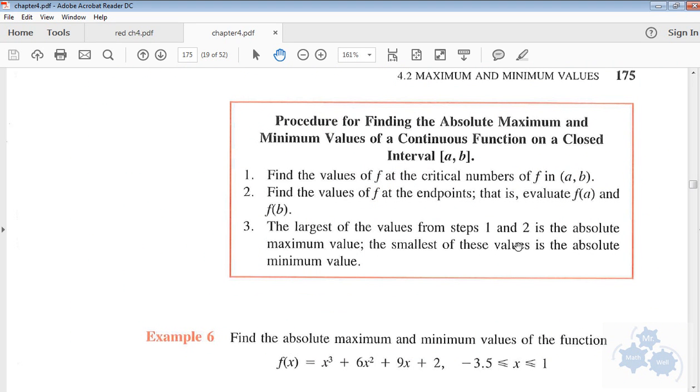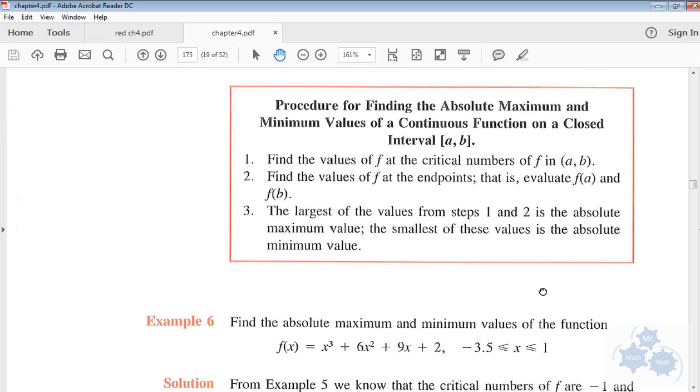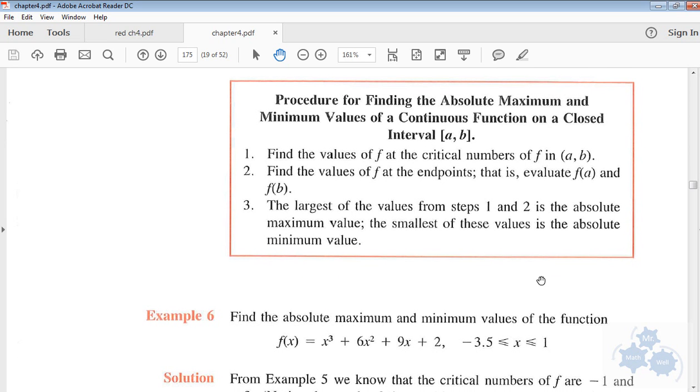So going back to the absolute max and min, if you're asked to find an absolute minimum or an absolute maximum value for a function that is continuous on a closed interval, so that is where there are endpoints, then this is how you do that. First of all, you find the values of f at the critical numbers. So find the derivative and find out where the derivative equals 0. Those are the critical numbers.